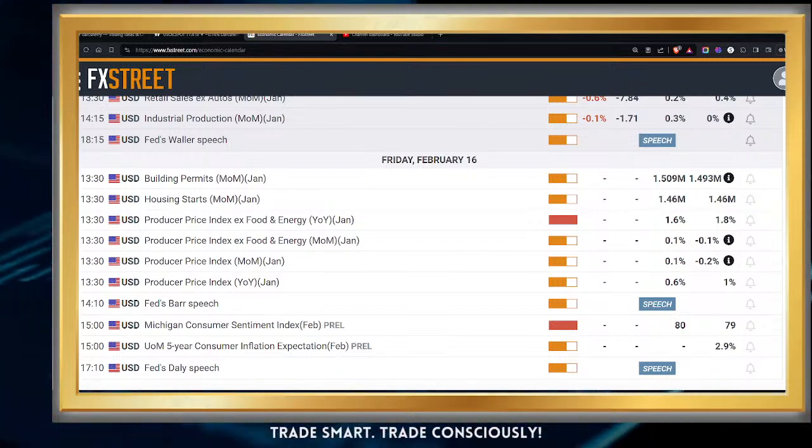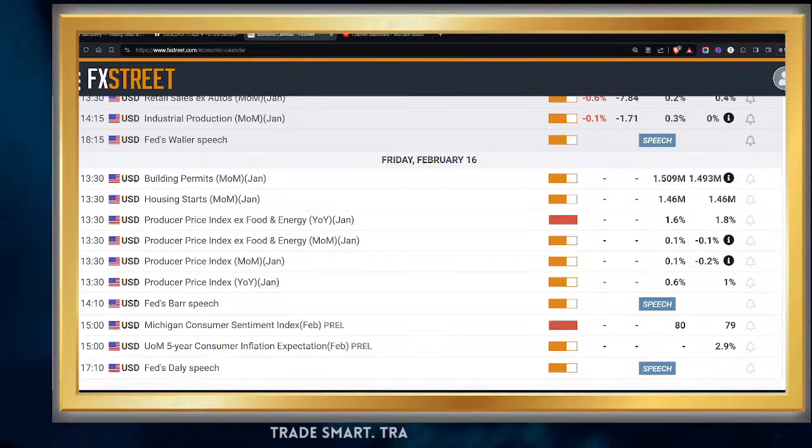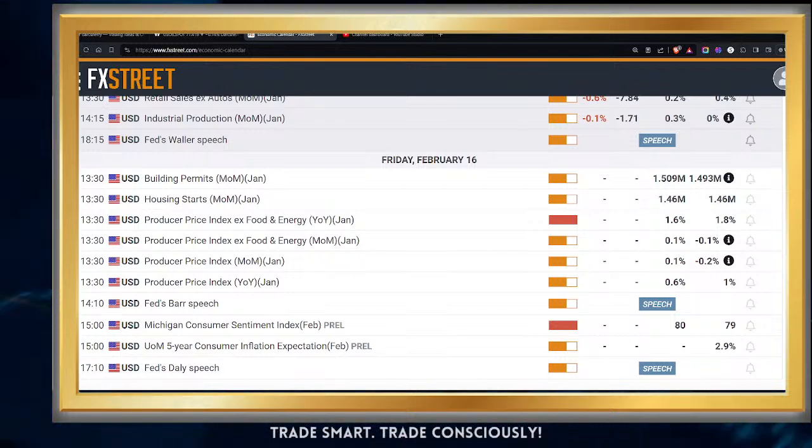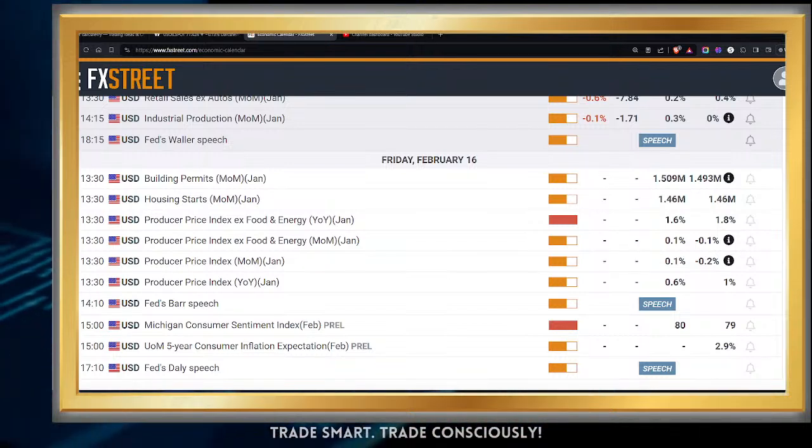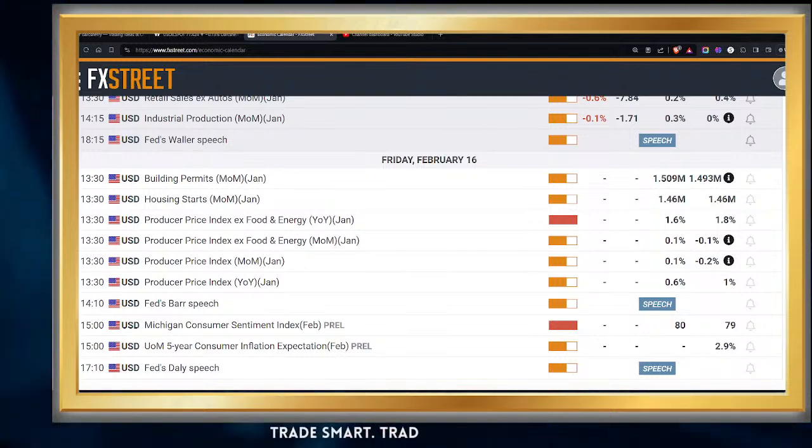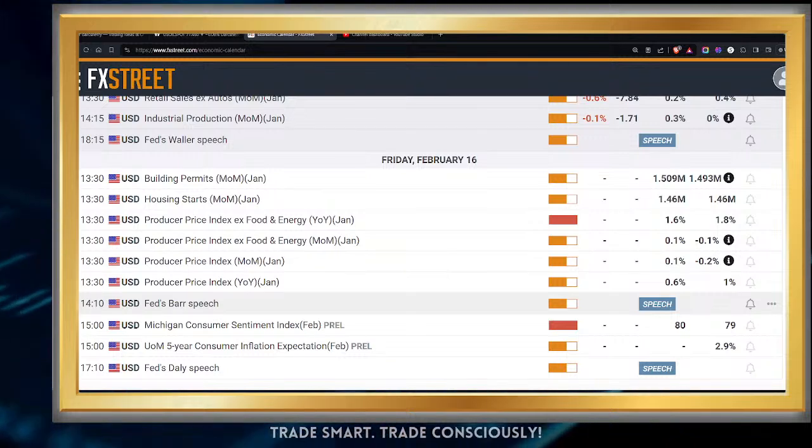Of course, it excludes volatile food and energy sectors. Now, a higher than expected reading suggests potential inflationary pressure impacting market sentiment by signaling changes in production cost and potential effect on consumer prices. Now, this is another inflationary gauge which the Fed Reserve will be looking at following the CPI data that came in on Tuesday. Will the figure come in above expectation, below expectations, or beyond expectation?